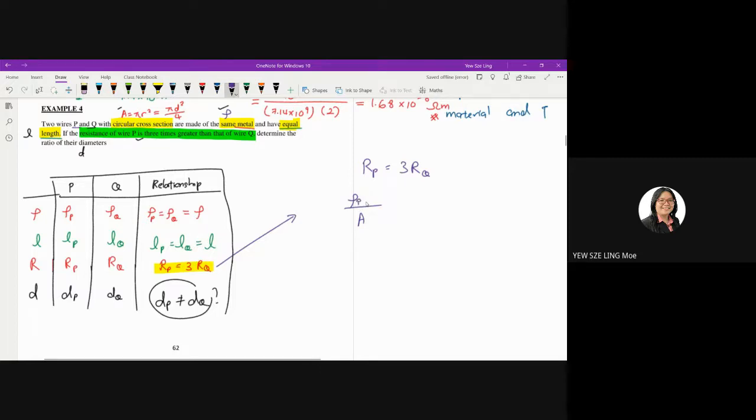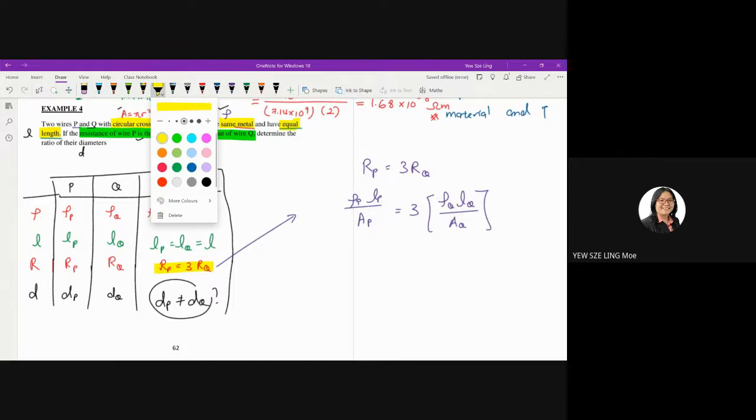So rho P LP over AP equals 3 times rho Q LQ over AQ. But if you look at the equations, we don't have any information about the A.